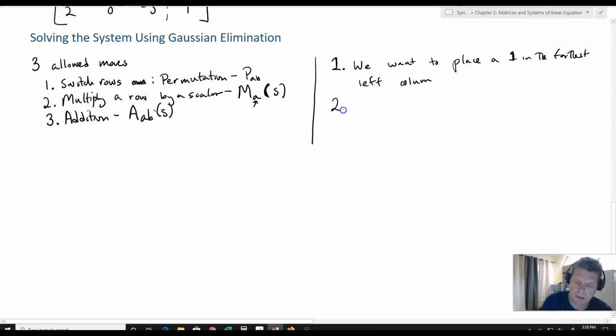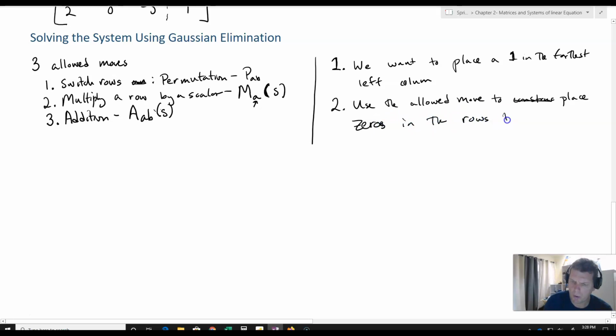Then two, we will use the allowed moves to place zeros in the rows below the, in this case it's called a leading 1, or the pivot.